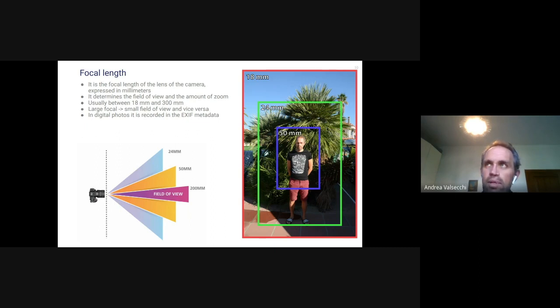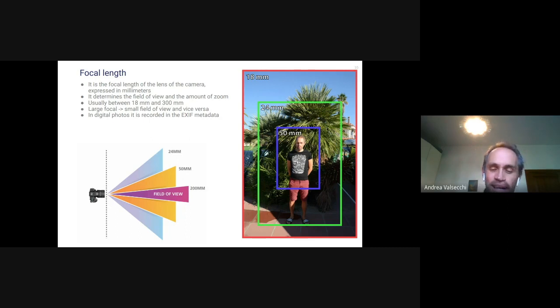What does focal length do? It determines the field of view, so the angle of view. And it works like this: the larger the focal length, the smaller the angle of view. So colloquially, we could say that it zooms more. You can get closer, although that's not really how I should explain it.